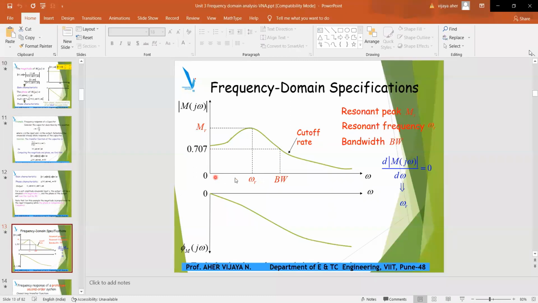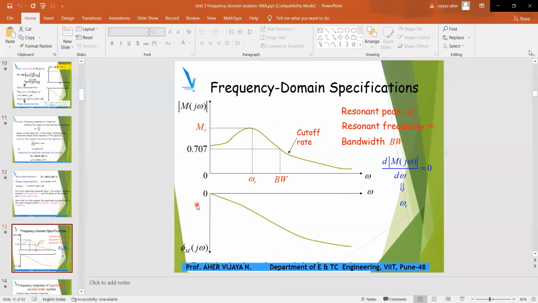On the x-axis we have taken frequency, on the y-axis magnitude. In the phase plot also, on the x-axis we have frequency omega, and on the y-axis, on the negative side, we have taken phase. This is the magnitude response of the given example, and this is the phase response.